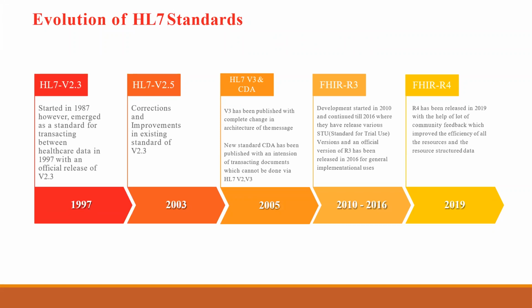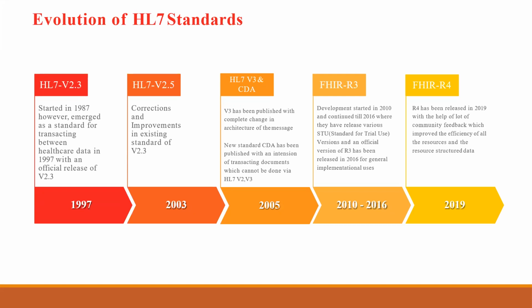And then later we had standards released in 2005 with HL7V3 and CDA. But apparently FHIR started to evolve, right, starting from 2010. So it started in 2010 until 2016.